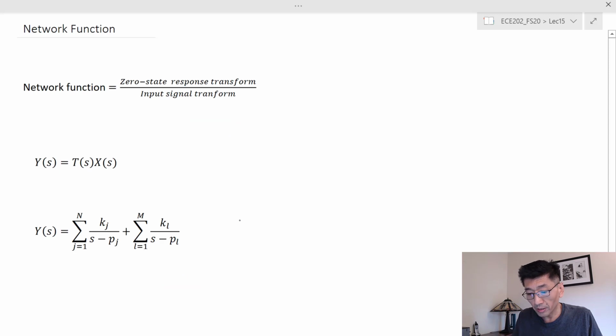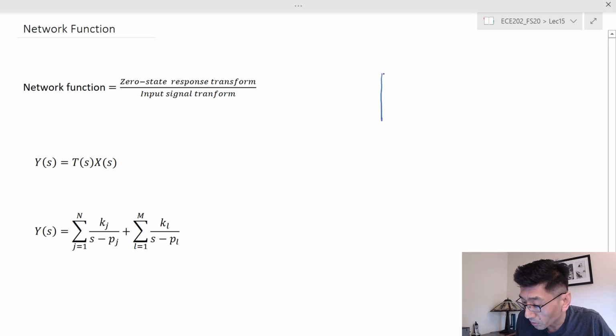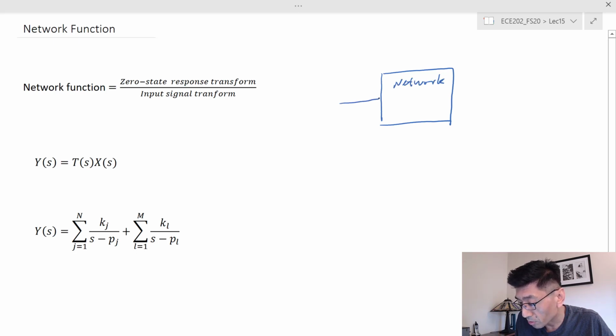The network function is the ratio between the output response transform and the input transform. So the network function is defined still in the Laplace domain, but from the perspective of the input and output. Let's say you have a network and you have some sort of input.